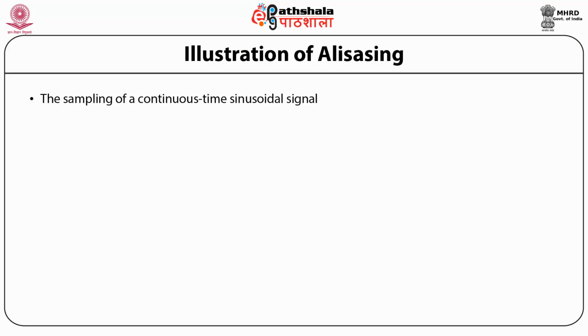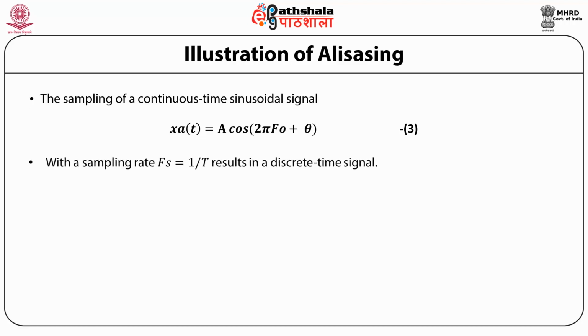The sampling of a continuous time sinusoidal signal, that is xa(t) equal to A cos(2 pi F naught t plus theta), with a sampling rate Fs equal to 1 by T, results in a discrete time signal x(n) equal to A cos(2 pi f naught n plus theta), where small f naught is equal to capital F naught by capital Fs.